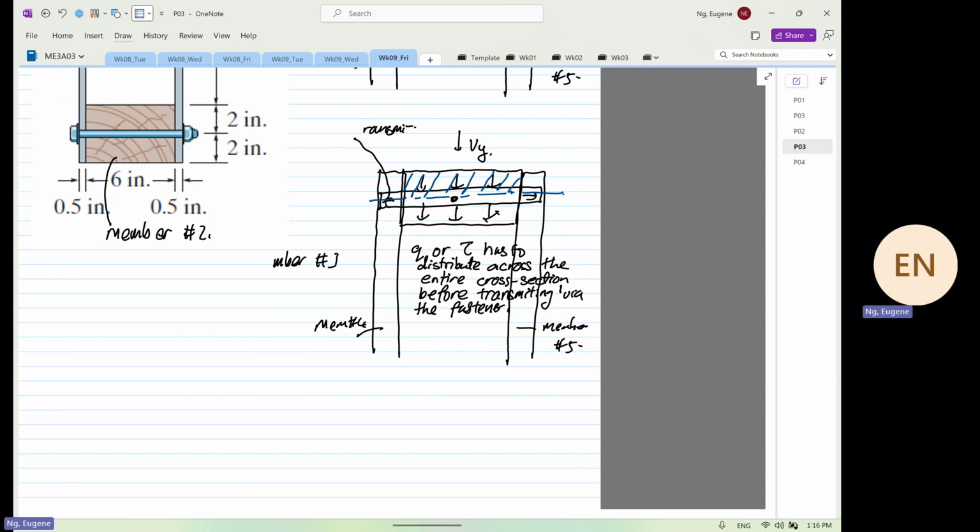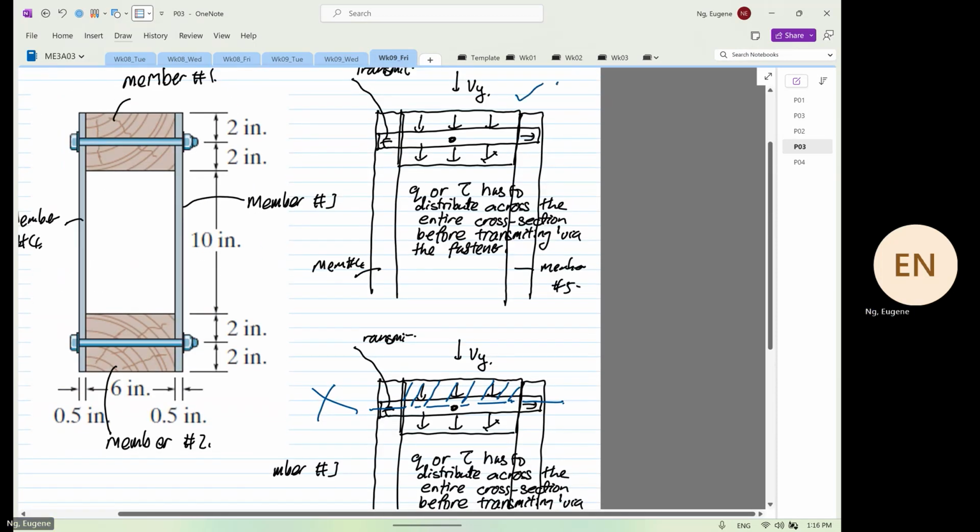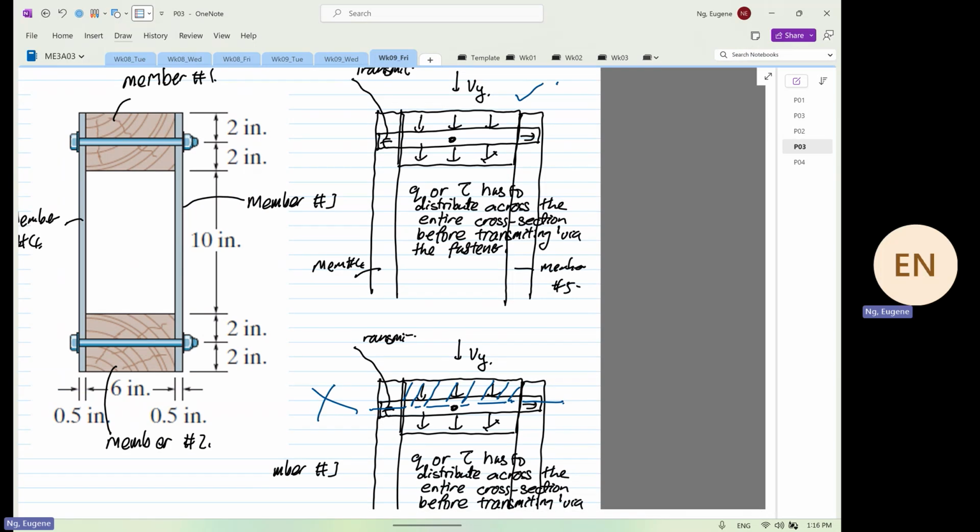You have to set rules like that. So this is wrong. This is wrong. This is correct. You have to take the entire member number one, the entire area.